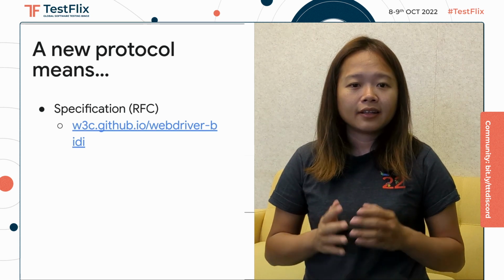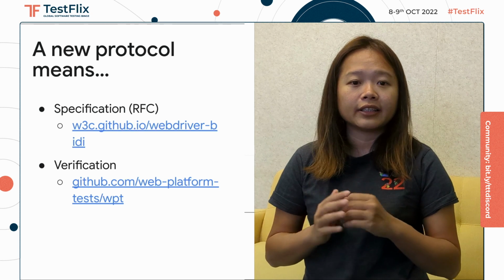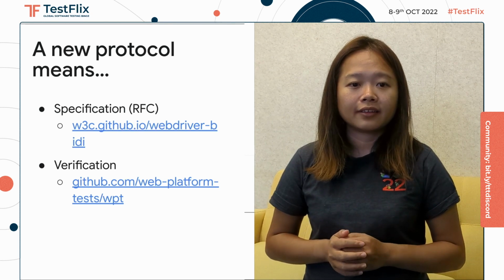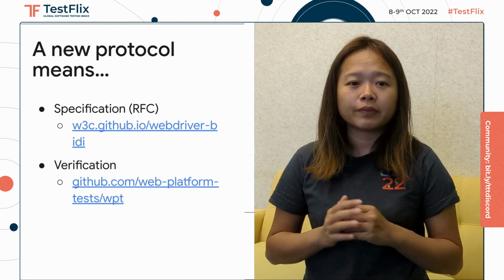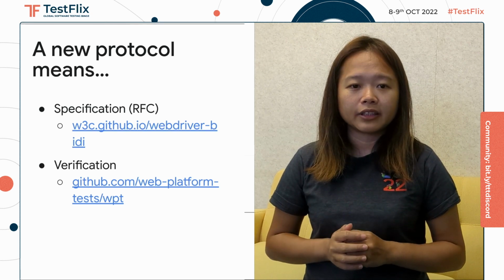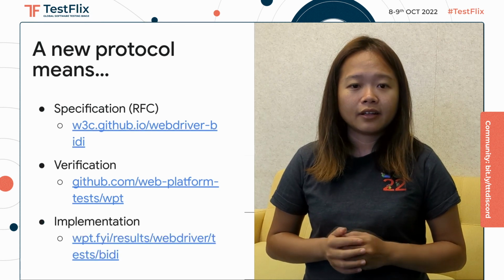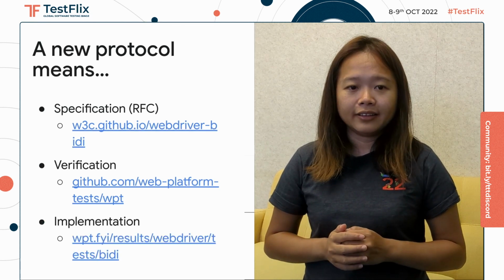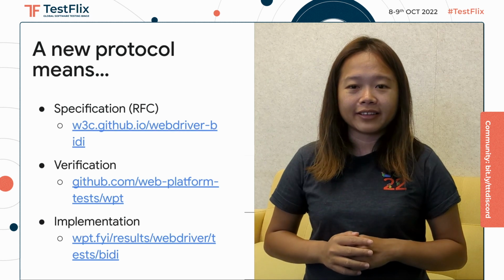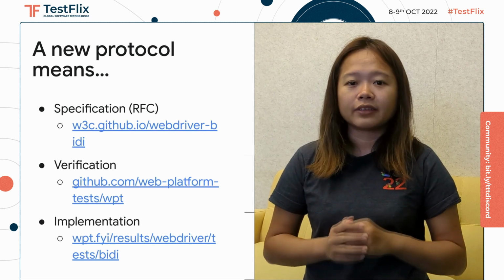After the specs, the next step is verification. It involves creating a set of predefined test suites. These tests need to be runnable by all browsers to make sure the browser implementations are correct and compatible with each other. Once the test suites are ready, it is time for implementation. You can track the implementation status of each browser with this link.